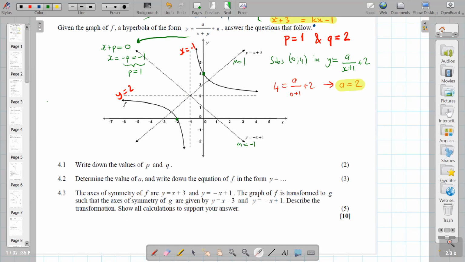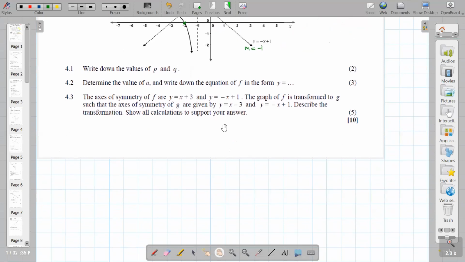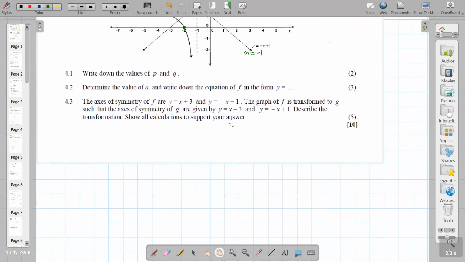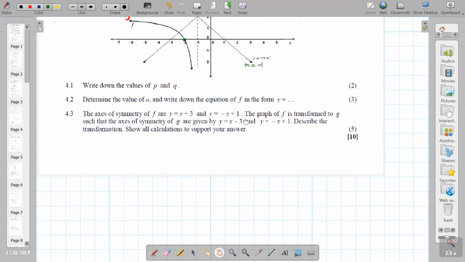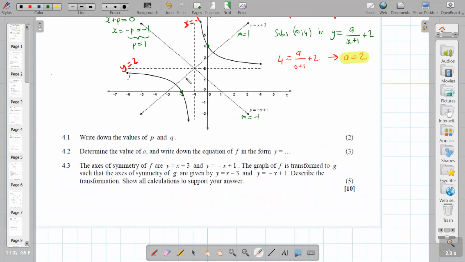Now, to be able to make sure what the new function g is, we had better find that point. Normally the point where the axes of symmetry intersect is the point where the vertical and horizontal asymptotes intersect. It's the same point, all these 4 lines intersect.